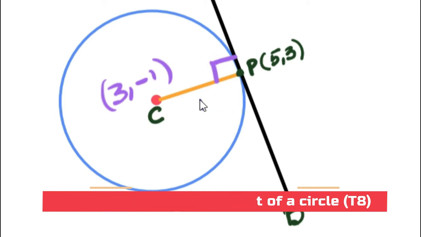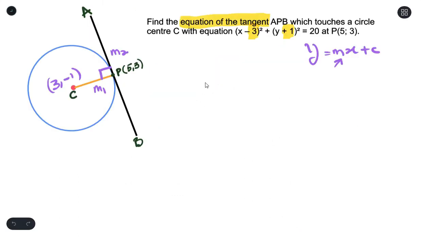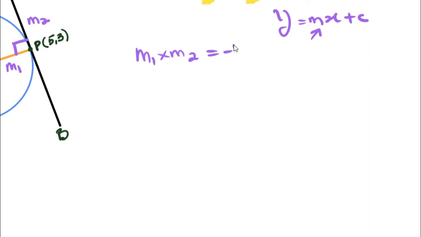So if this is m1, that is m2. Now, because they're perpendicular, we understand that the product of our gradients is -1. So in this case, I can just write it as -1 over m1.